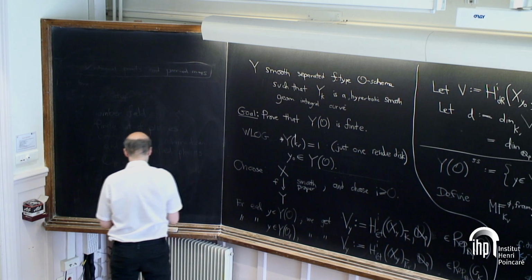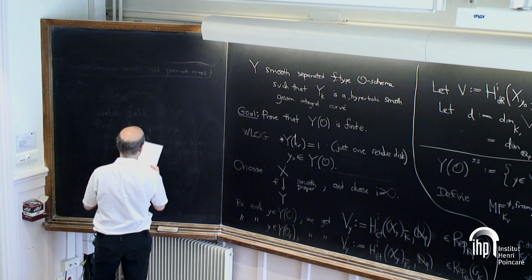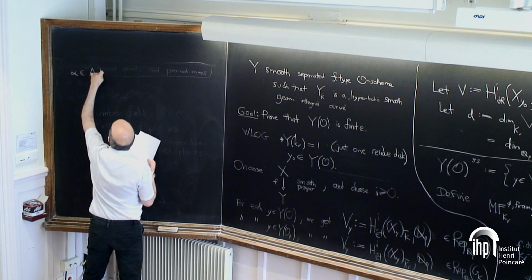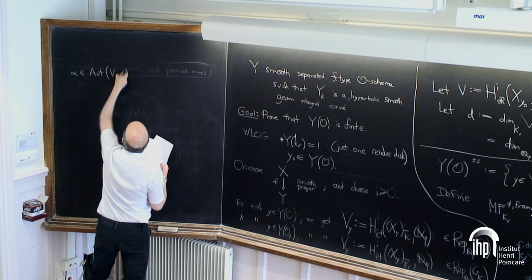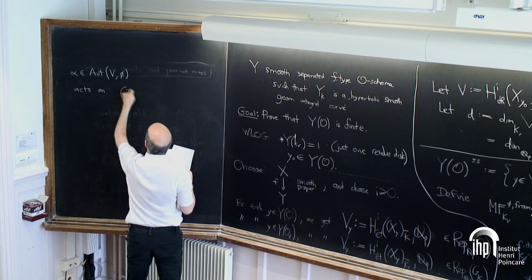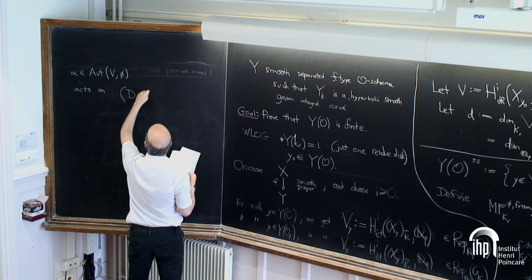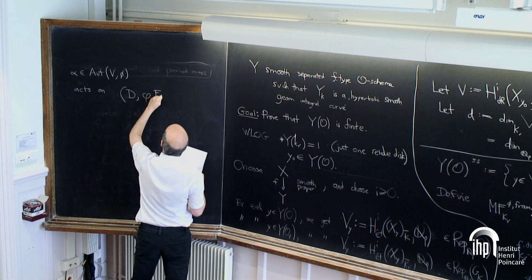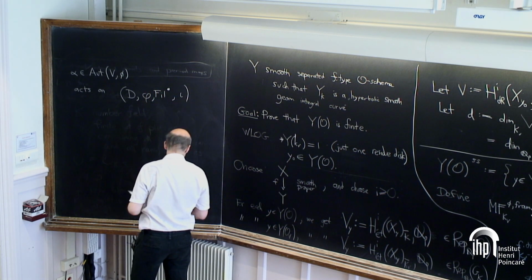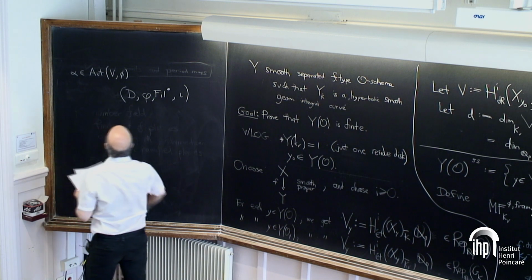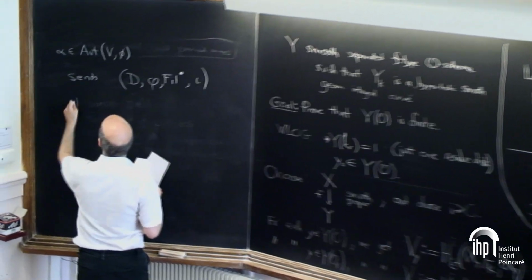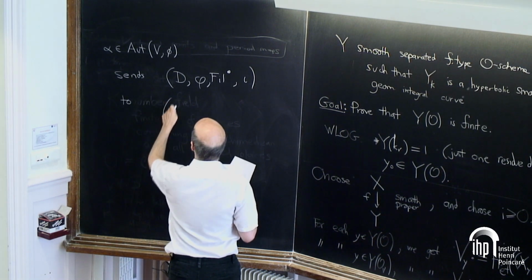So what were we saying? If you have alpha, say an automorphism, acting on one of these objects, D, phi, fil, and then iota, it sends this one to the same.